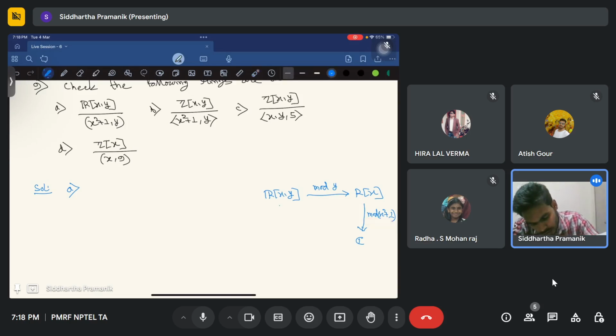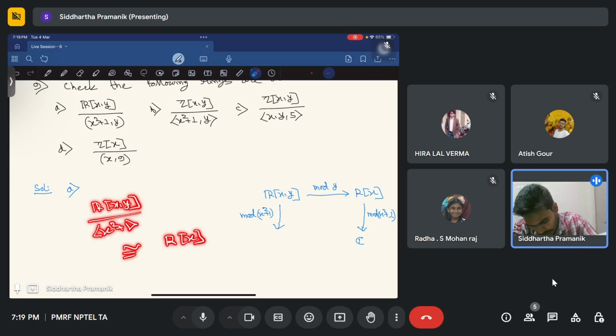You can first go mod by x^2+1 also. So what will happen in that case? R[x,y] modulo x^2+1, you can think of as R[x] mod x^2+1 attaching y.